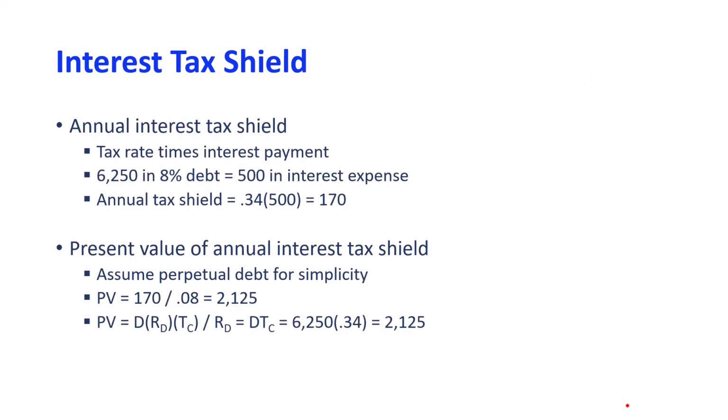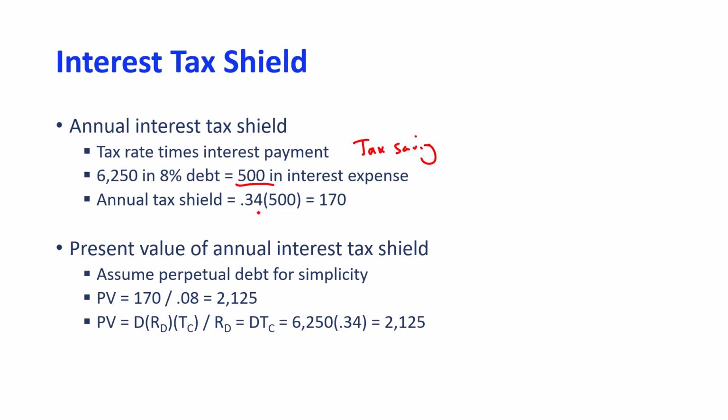So finding the tax shield is very important in this theory. Tax rate times the interest payment gives you how much tax saving you have for each year. So your loan amount is $6,250 with 8% interest. That means every year you pay $500 in interest expense.